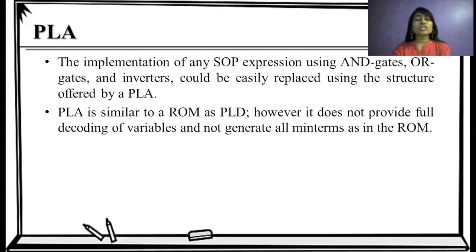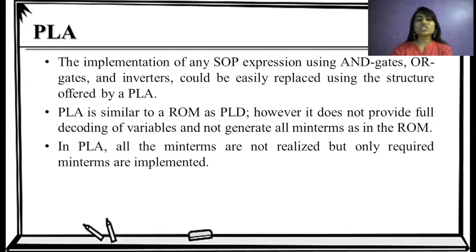In ROM, we can generate all the minterms, but this PLA structure does not produce all of them. In this PLA structure, we can produce the minterms which we require according to our conditions. In PLA, all the minterms are not realized, but only required minterms are implemented.